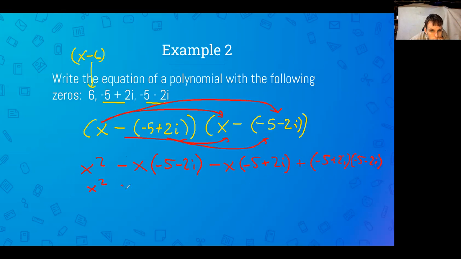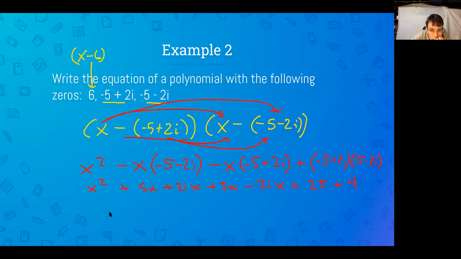This is going to be plus 5x plus 2ix plus 5x minus 2ix. Now when I multiply these, negative 5 times negative 5 is 25. That's going to be negative 2i squared, so it's going to be plus 4.